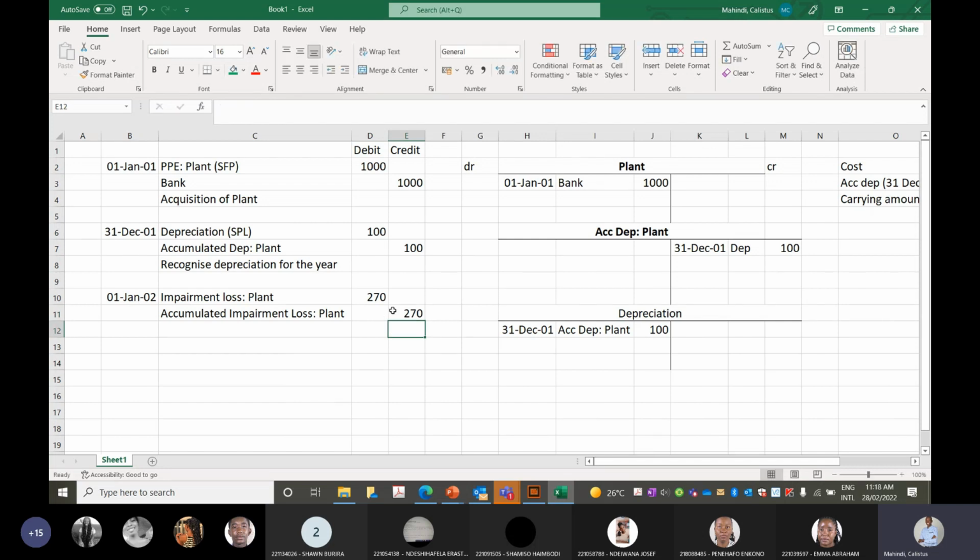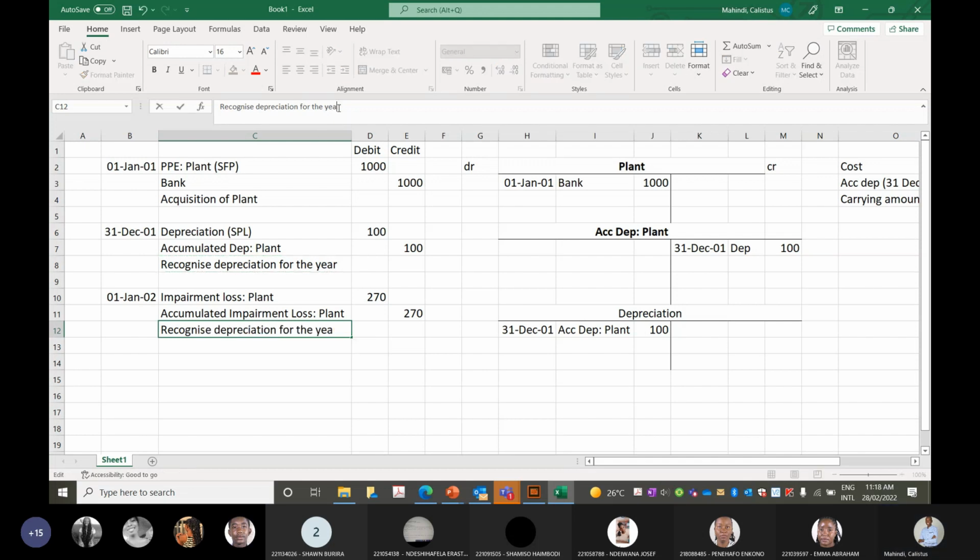So we're going to say to recognize impairment loss on plant. That would be your first journal entry.